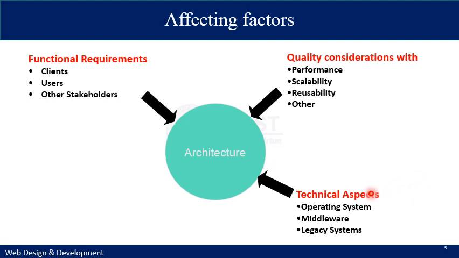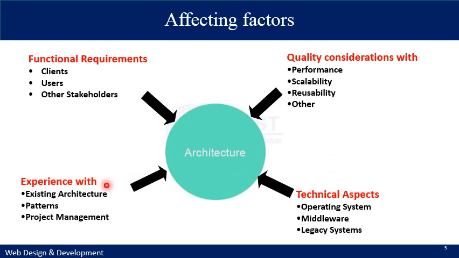You must also consider the technical aspects. For example, the operating system you are working on and what kind of middleware application you have to deal with. Your architecture must be compatible with the legacy system, such as an old system that has been developed in the client server architecture or layered architecture. Your decision on architecture must consider such requirements so that your new application can be incorporated with ease.